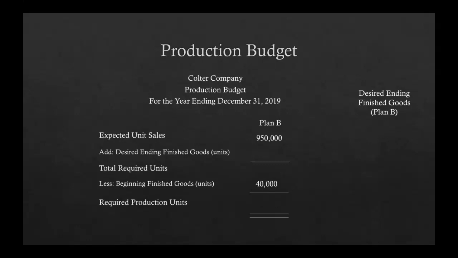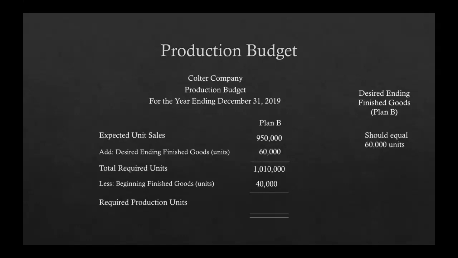Now let's take a look at plan B. Plan B's desired ending finished goods, they told us in the problem, should equal 60,000 units. So this one's much easier than plan A. We just toss in the 60,000. We get a total required units of 1,010,000.